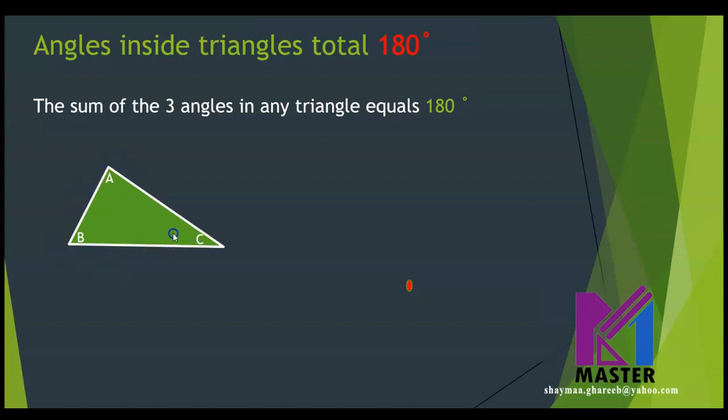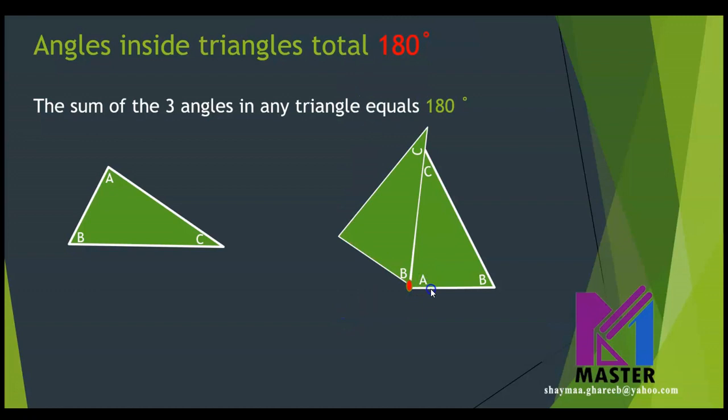Cut a triangle, but it should be a proper triangle. And then let's cut the three angles of this triangle and start to place them next to each other. For example, I will put angle A here, then next to it I will put angle B, then next to it I will put angle C. When I place them this way, I will find that the three together formed a straight angle, which is 180 degrees.